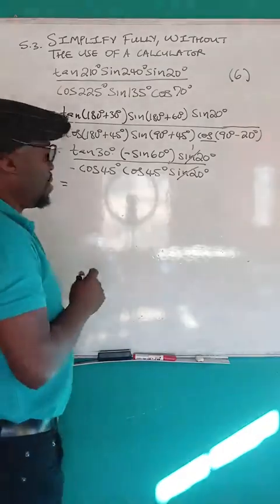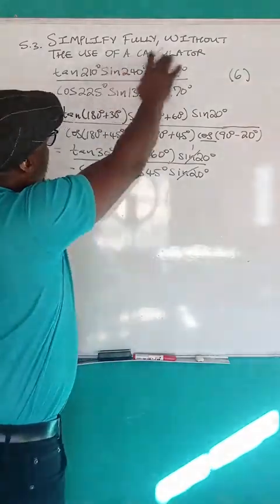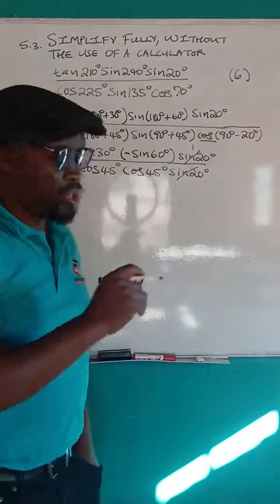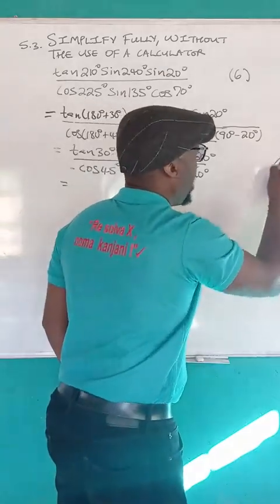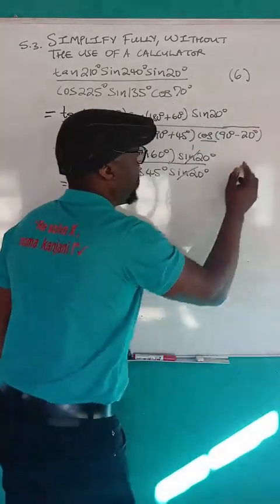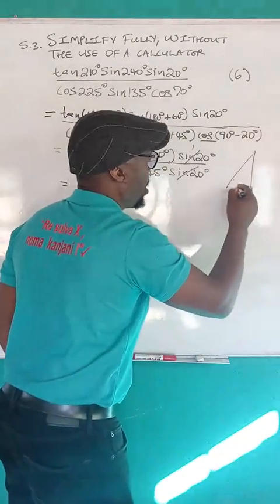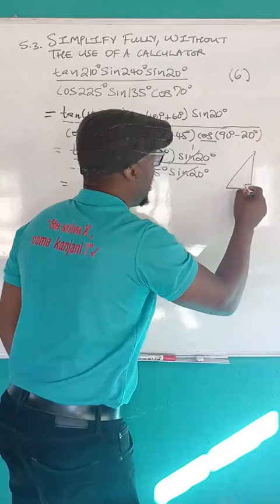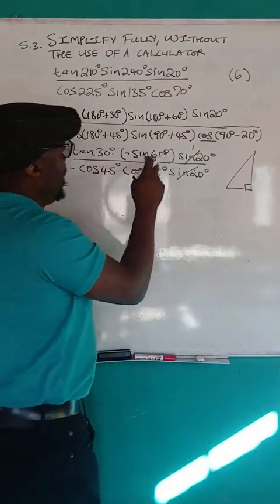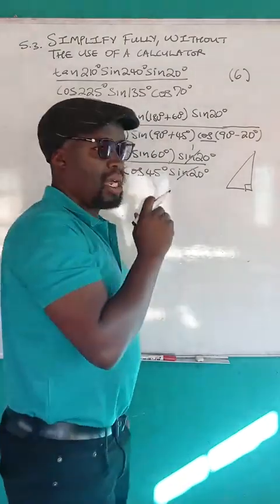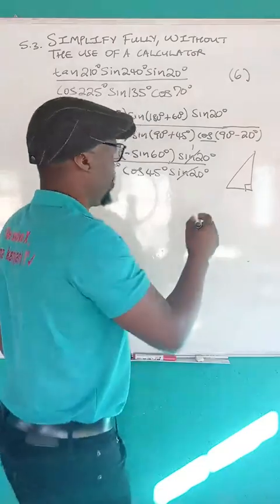Tan 30 degrees. Bear in mind, the instruction says we should not use a calculator. Therefore, we have to make use of this, given the fact that 30 degrees, 45 degrees, as well as 60 degrees are all special angles.